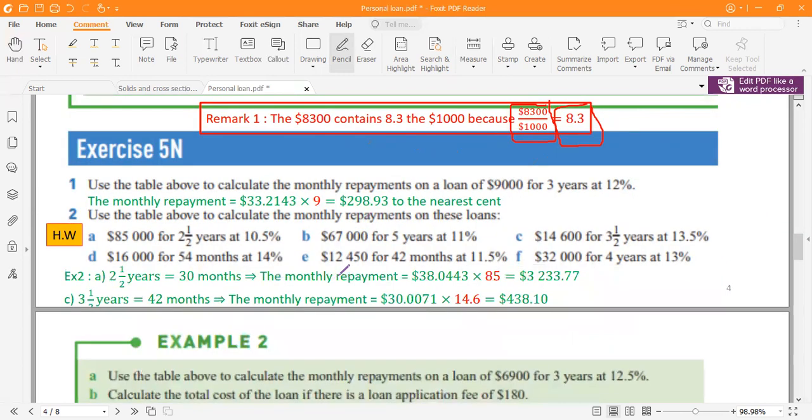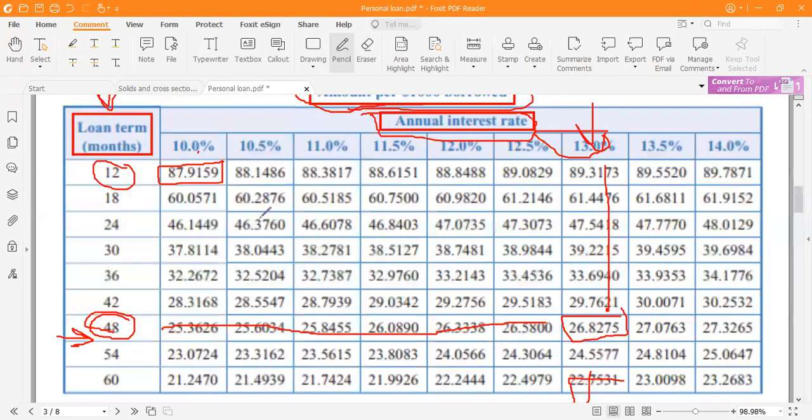So we will apply the same strategy to calculate the monthly repayment on a loan of $9,000 for 3 years at 12%. To use the table, we need the loan term in months and the annual interest rate. 3 years is 3 by 12, which is 36 months, and 12%.